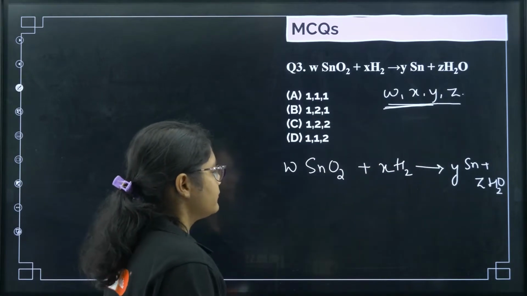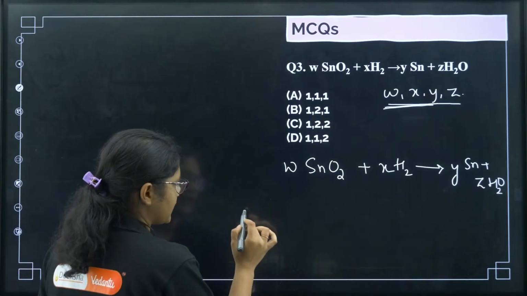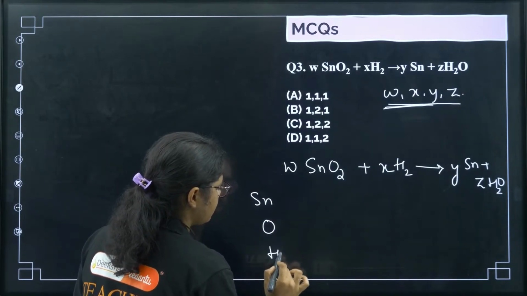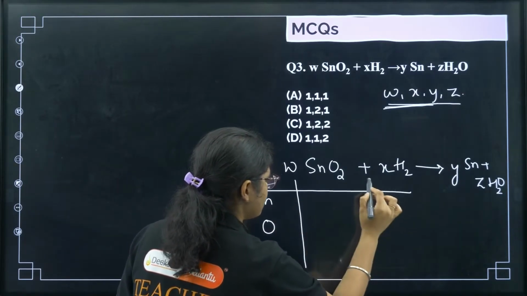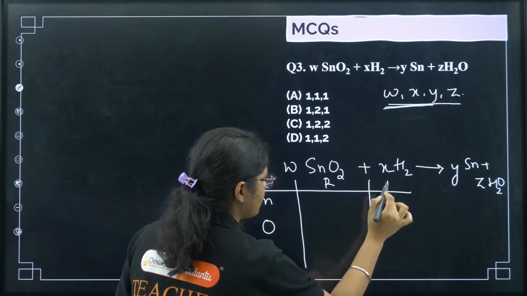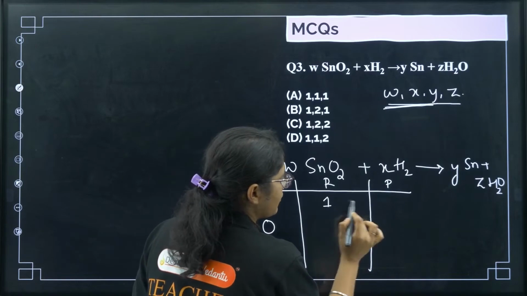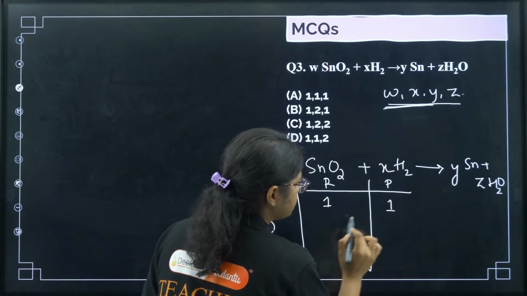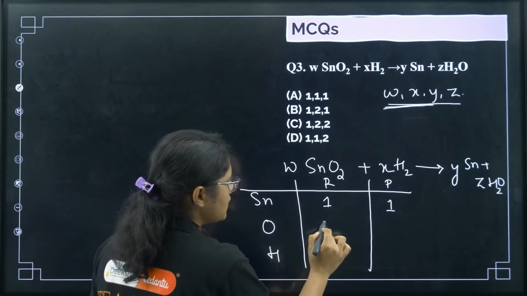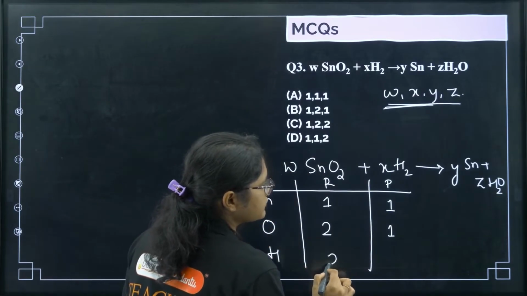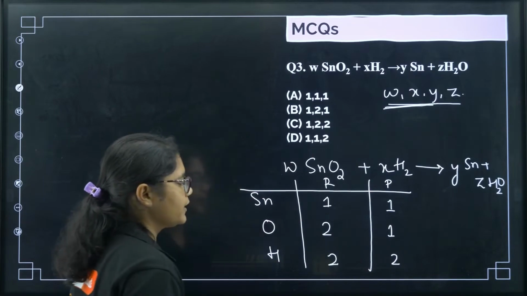Let us see now. I will write the elements first: Sn, that is tin, oxygen and hydrogen. Then I will make a table of the reactant side and the product side. Sn is 1 on the reactant side and 1 on the product side, oxygen is 2 and 1, and hydrogen is 2 and 2.